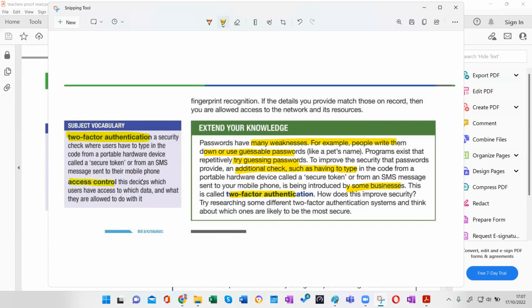Access control. This decides which users have access to which data and what they are allowed to do. So this is again access permissions, access rights, access control, right? This is not physical access control. This is controlling what you can see and what you can access in the network, right? That can be done based on your account.